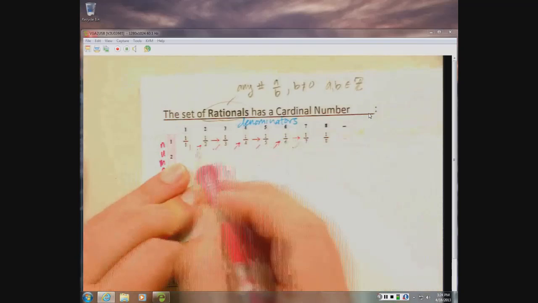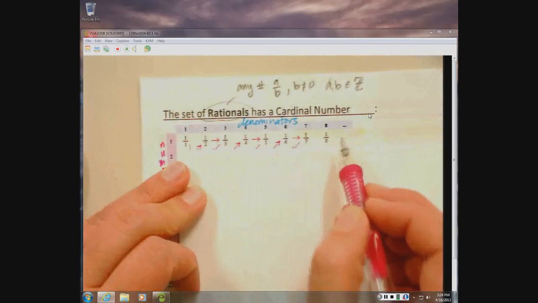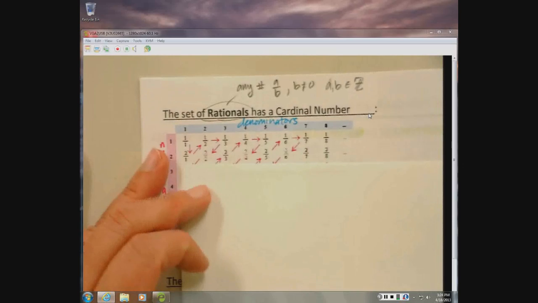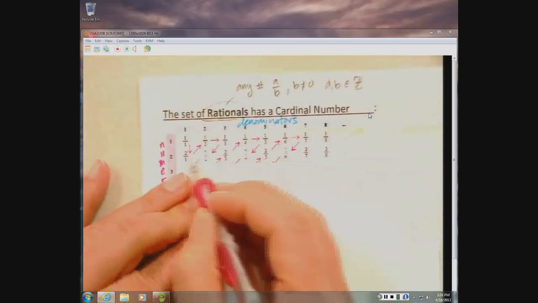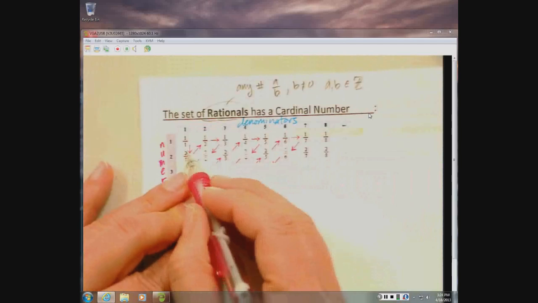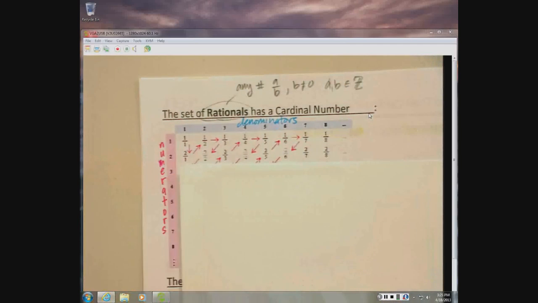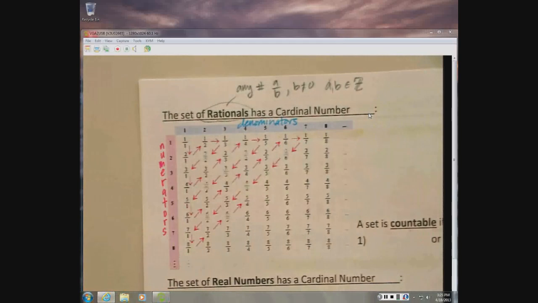And in this row, I have every single fraction with a numerator of 1. Similarly, in this row, I have every single fraction with a numerator of 2 and all possible denominators. Now, if we go through in this way, we know that we're getting every single fraction possible.